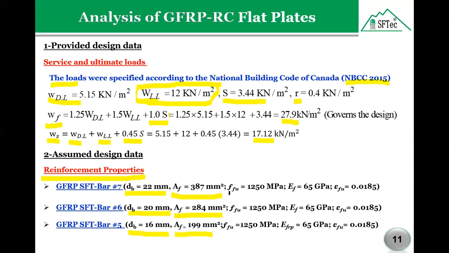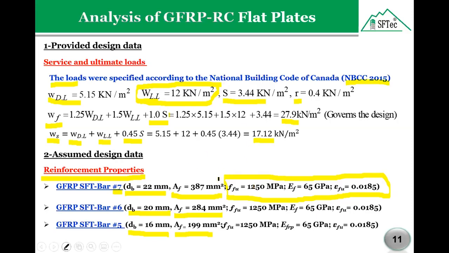Finally, here we also have the tensile properties, in terms of ultimate strength, elastic modulus, and ultimate strain. These properties were determined according to CSA S807 after testing three different lots from each bar size, for number 7, number 6, and number 5, in order to have these values.